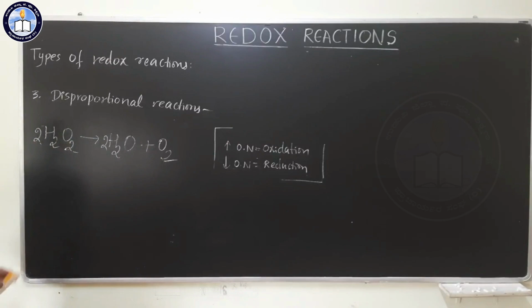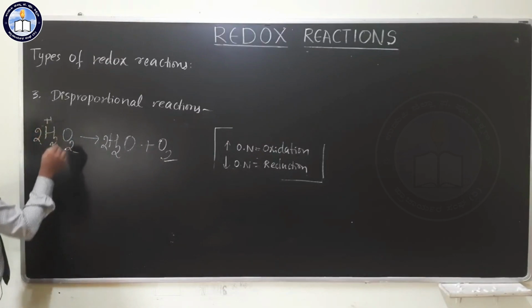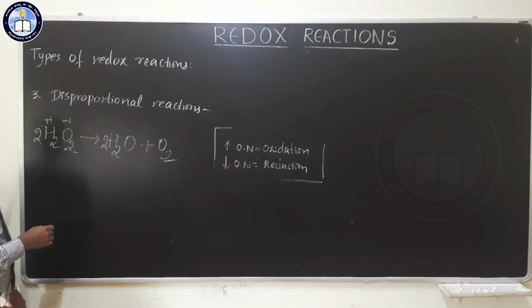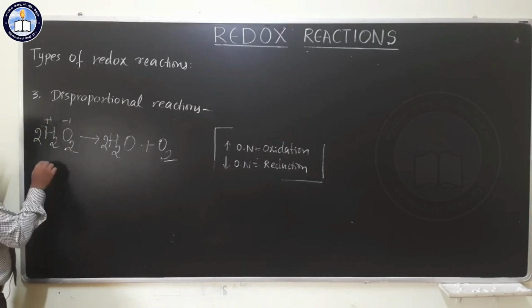Now see this carefully. Hydrogen is +1, and oxygen here is -1. How? Let me calculate for oxygen.